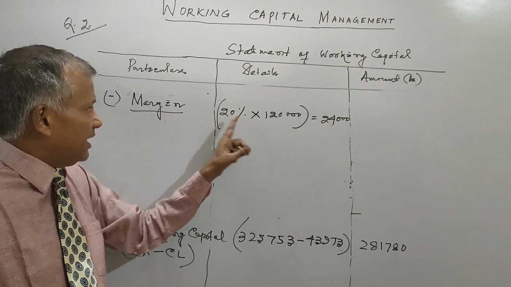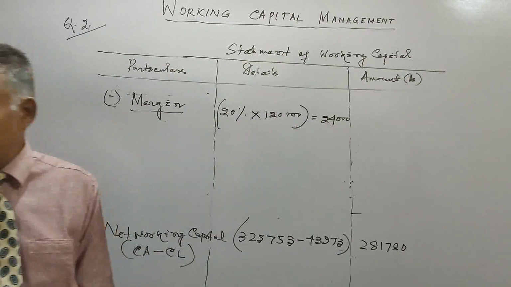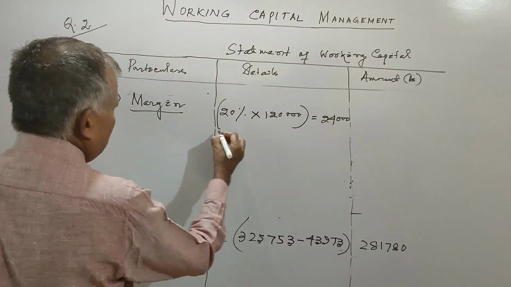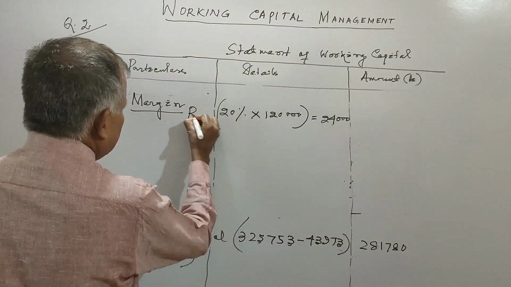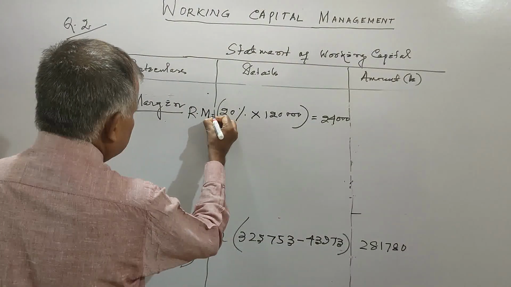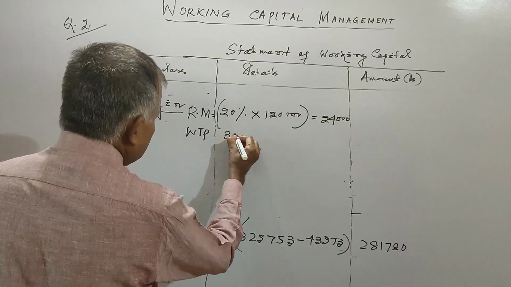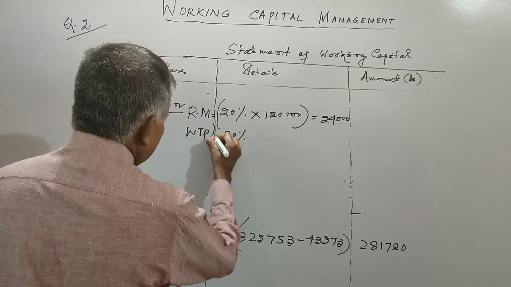On raw material stock, the margin is 20%. The bank will deduct. Then on work in progress, it is 30%.